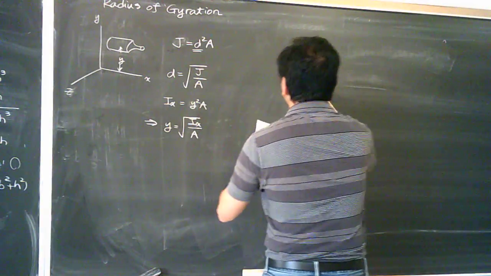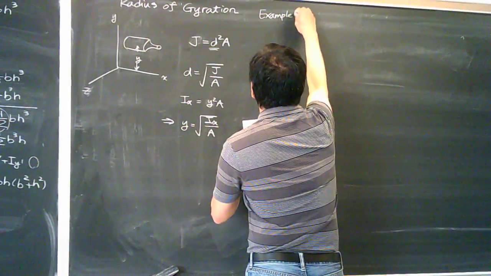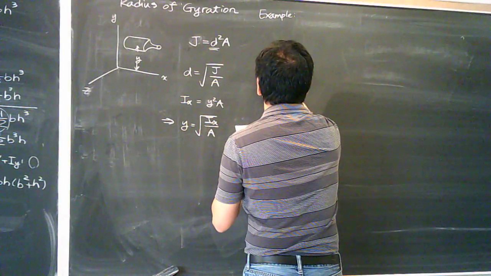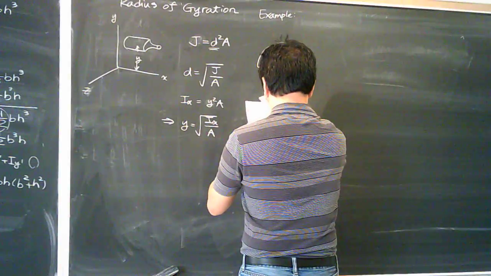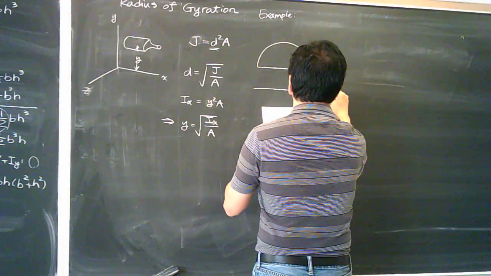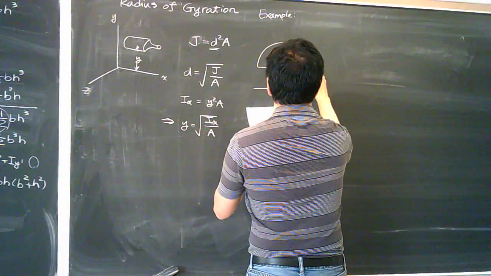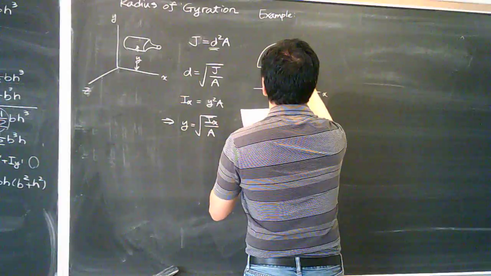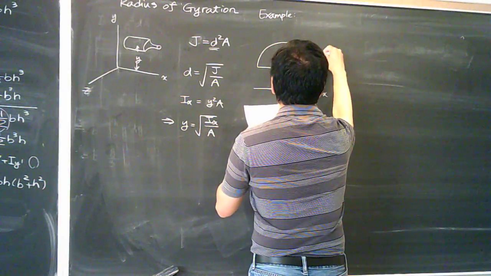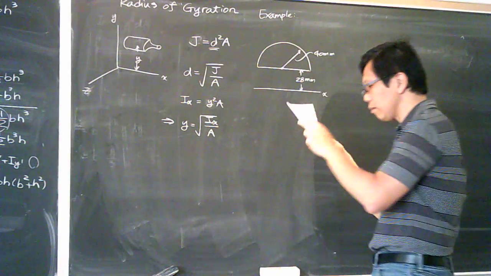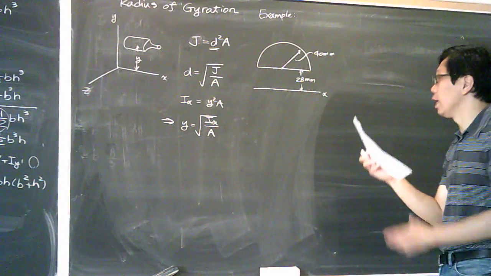Okay, so another example. After this example, I'll give you guys an example. For the semicircular area shown, calculate its radius of gyration with respect to the x-axis.